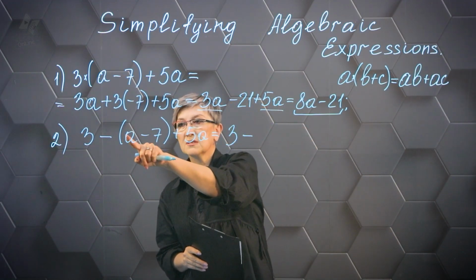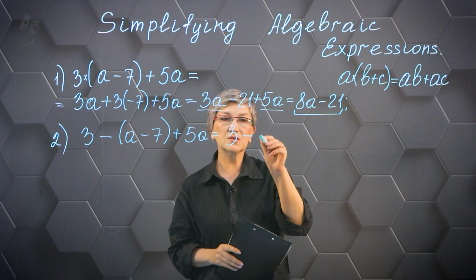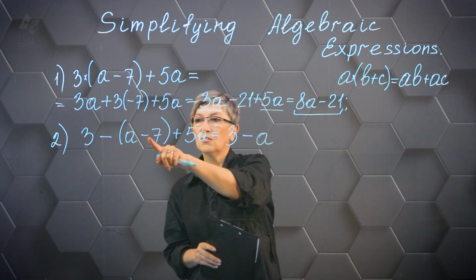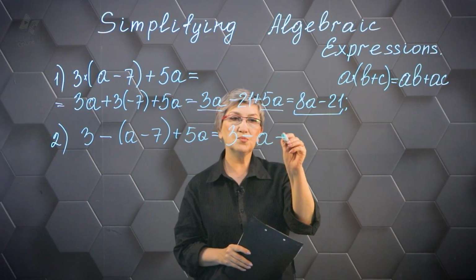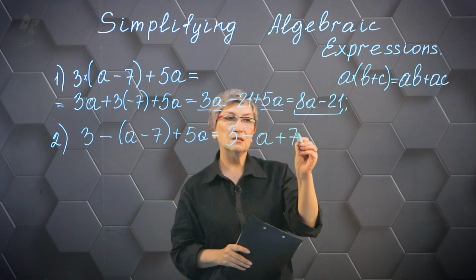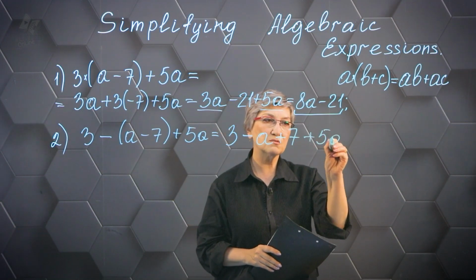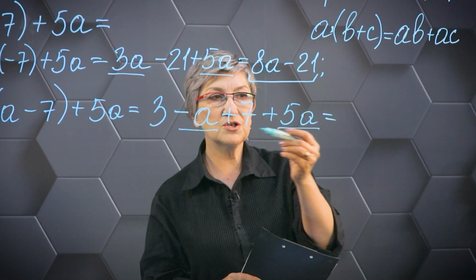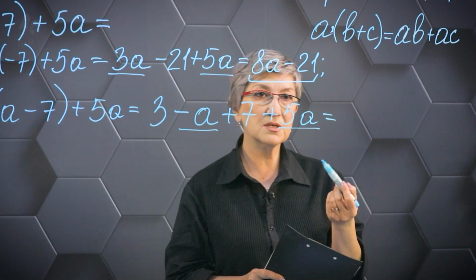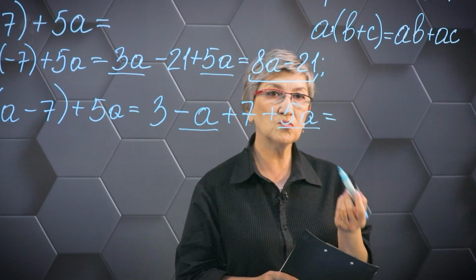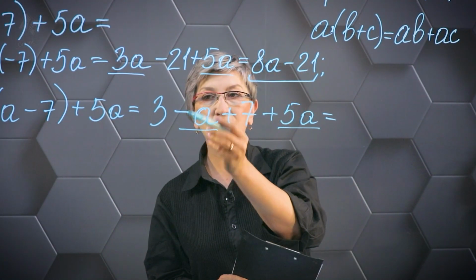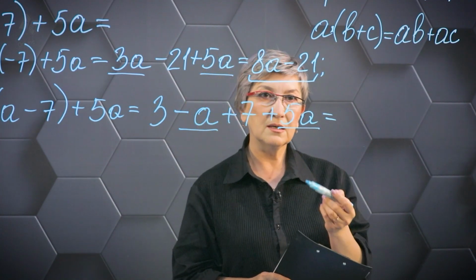And we write all the numbers in the brackets with the opposite sign. I had a plus sign, I'm writing down a minus sign, minus a. 7 has a minus sign, I'm writing plus 7. And then I write plus 5a. So I've got an expression that has like summands. And I can find the sum of like terms. Minus a plus 5a.